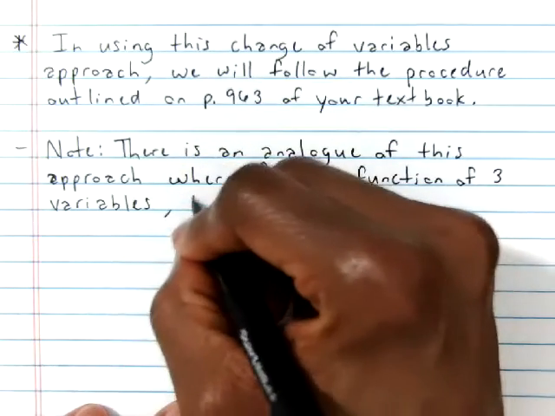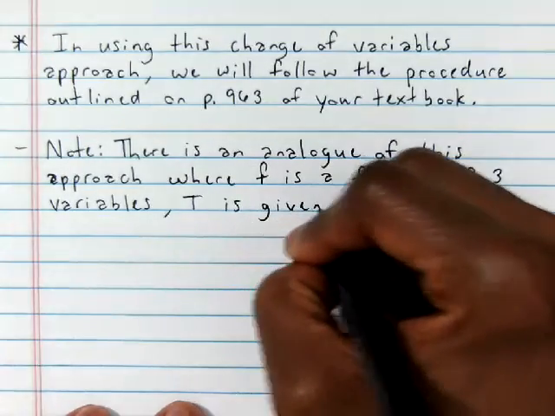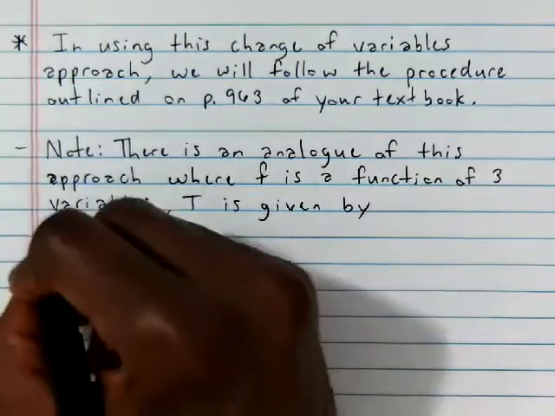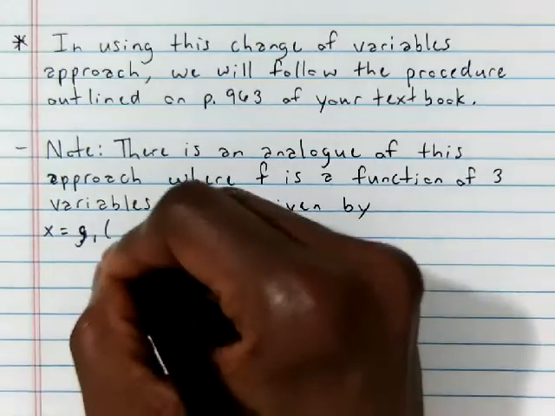T is given by x equals g sub 1 of u, v, and w.